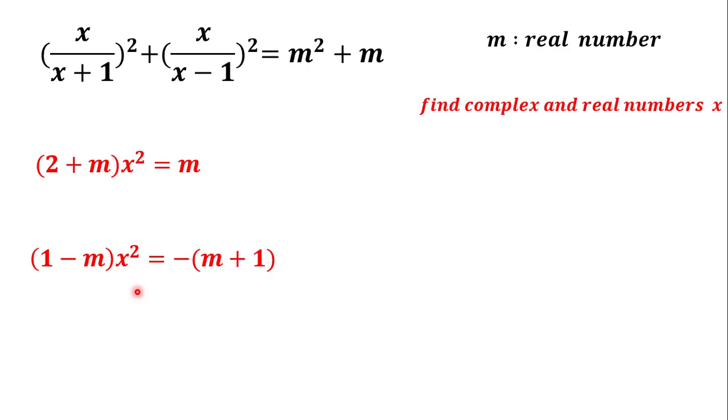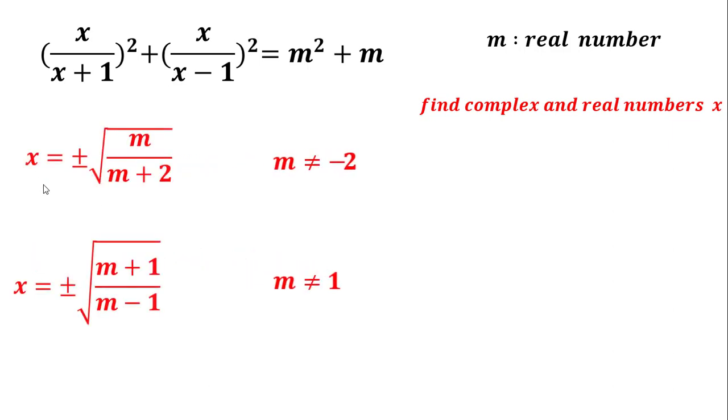And we need to take the square root of both sides, so we get x equals plus minus square root of m over m plus 2, and x equals plus minus square root of m plus 1 over m minus 1.